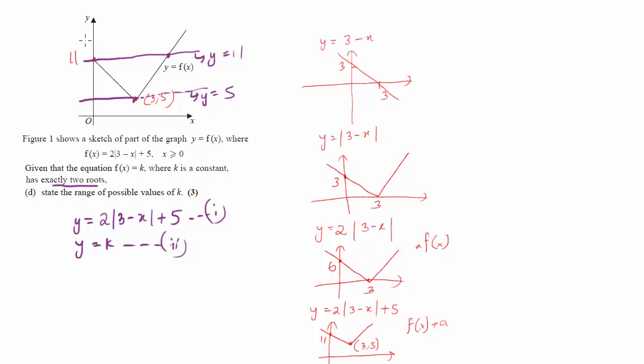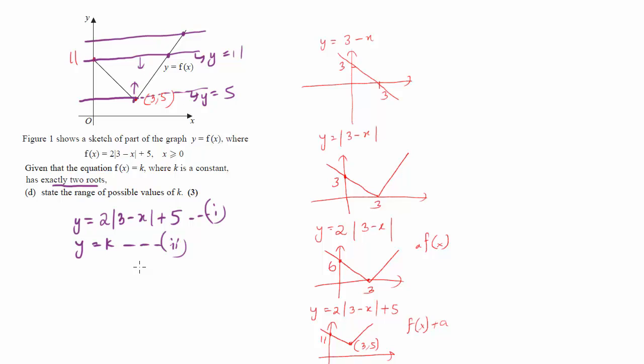Anything above, it intersects at only 1 point. So you cannot take above y equals 11, you have to take below y equals 11. And you cannot take y equals 5, because at y equals 5, it intersects only at 1 point. You have to take above y equals 5.